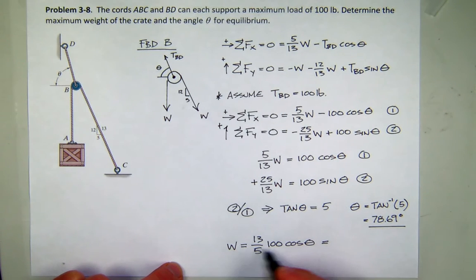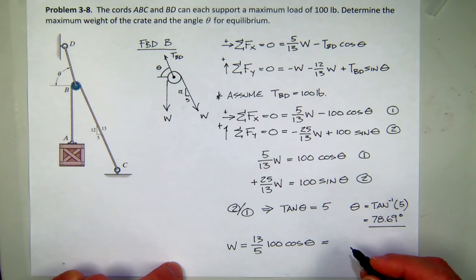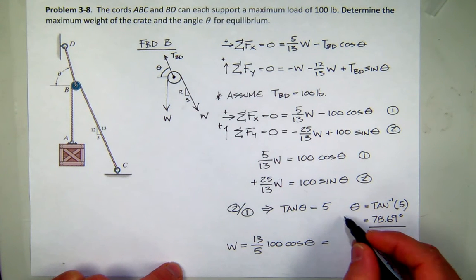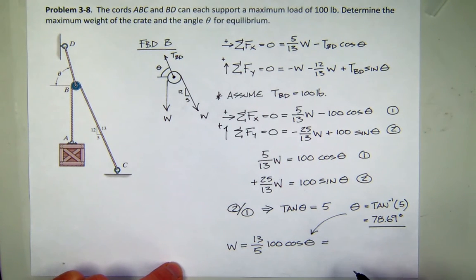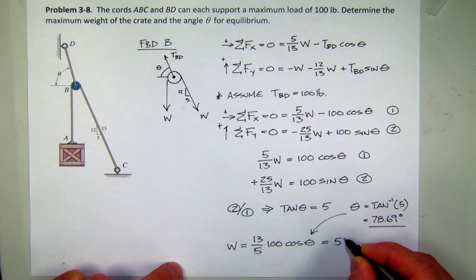So take the cosine of that, multiply all of that, what do you get for the weight? So the cosine of 78.69 times 100, times 13 divided by 5. What do you get? 50. Yeah, 50, okay, that's good enough. 51.